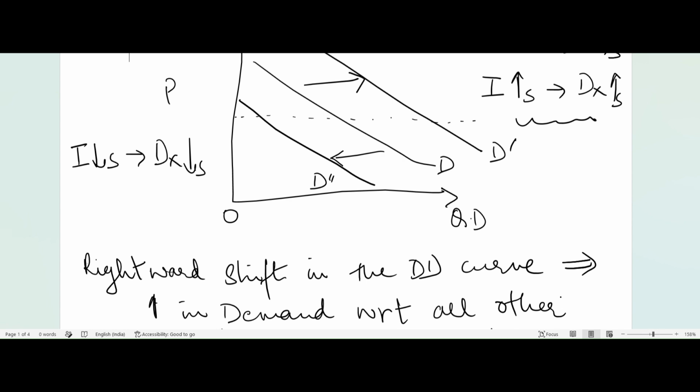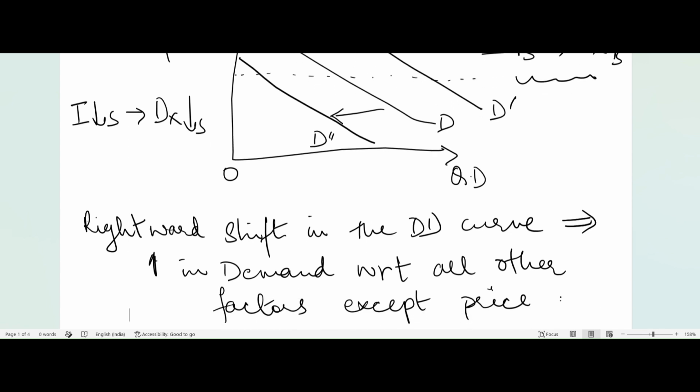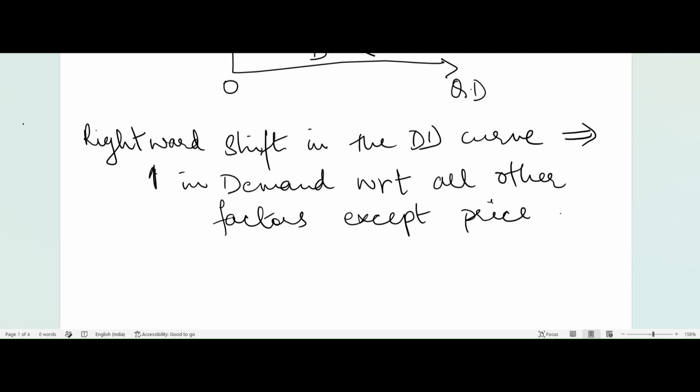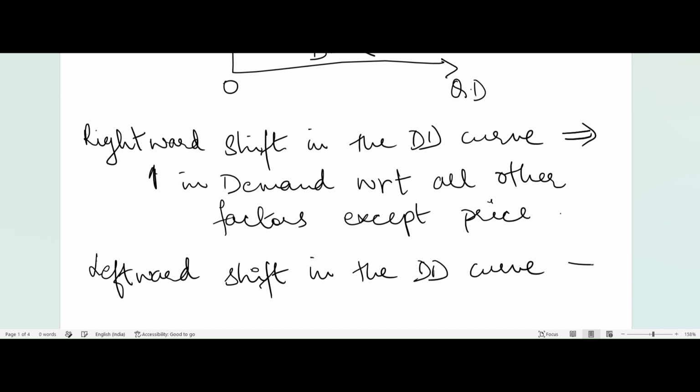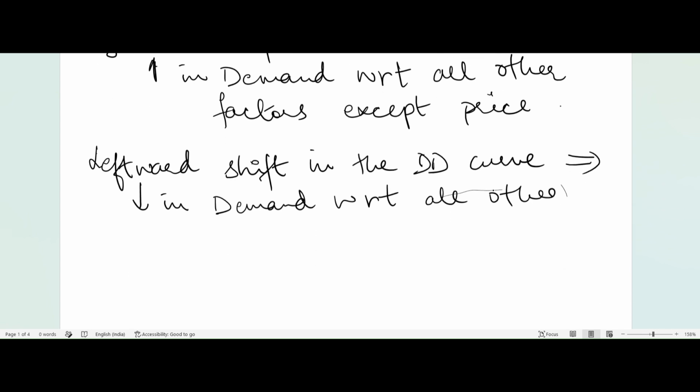If I have to depict a decrease in the demand due to any other factors except price, then there would be a leftward shift. So a leftward shift in the demand curve means decrease in demand with respect to all other factors except price.